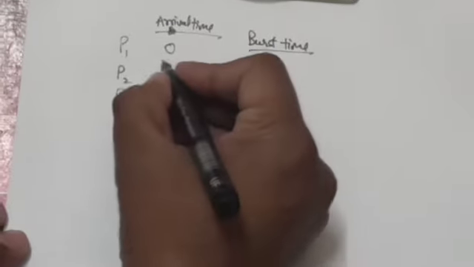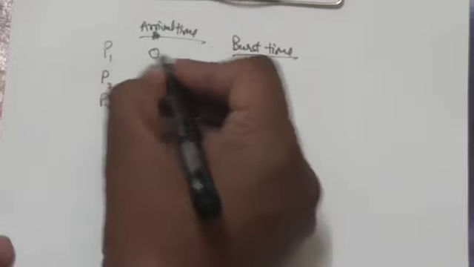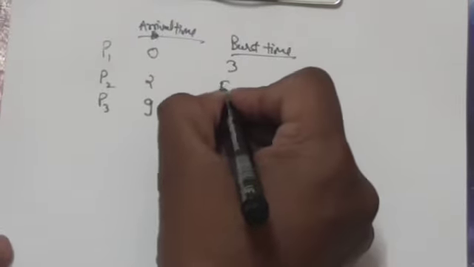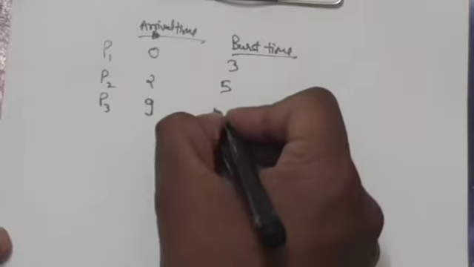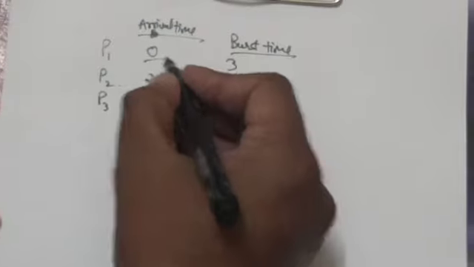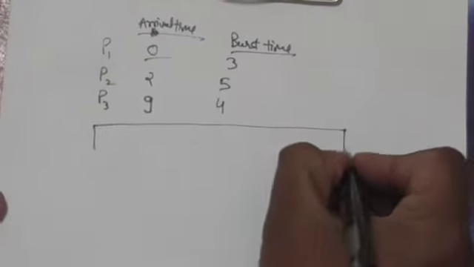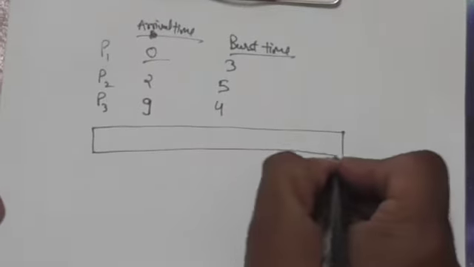Now the burst time. Suppose the burst time of process P1 is 3, the burst time of process P2 is 5 and the burst time of process P3 is 4. So what happens, since process P1 has arrived first, it will be allocated the CPU first.